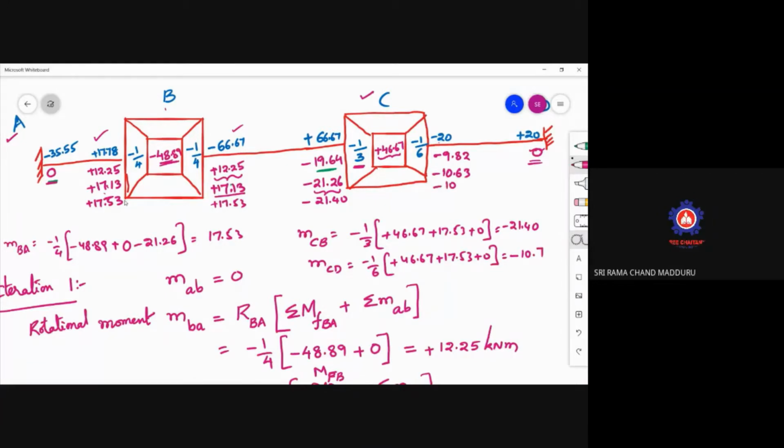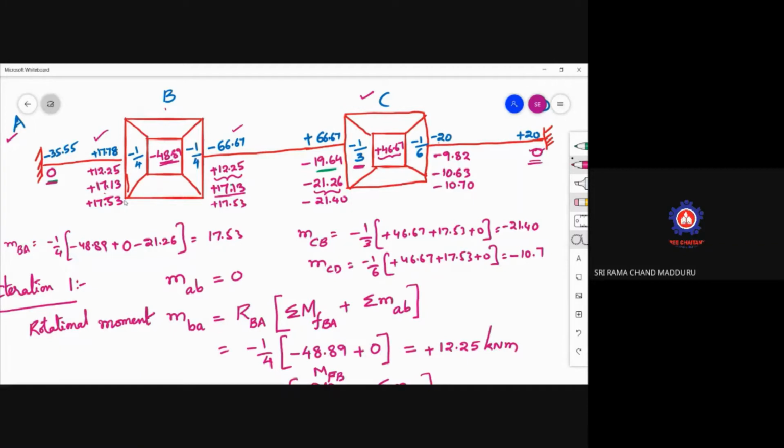You can see the change in the rotational moments, they are becoming closer. So now if you do the iterative process once again, you can minimize the error the fourth time.